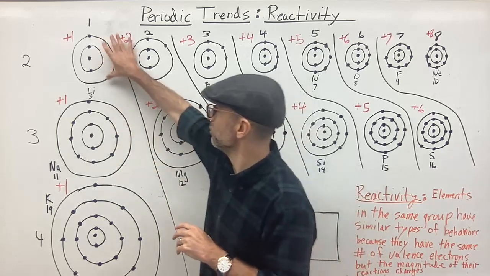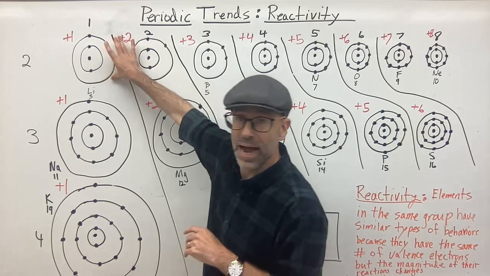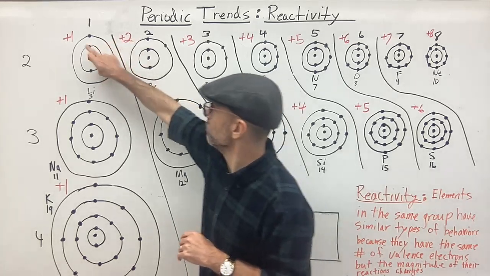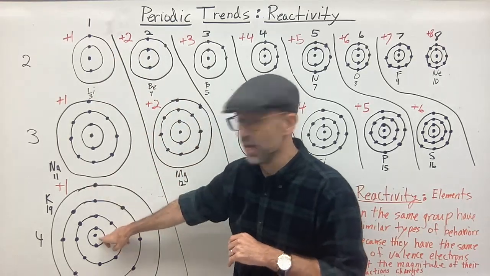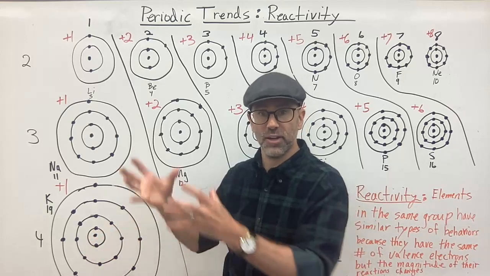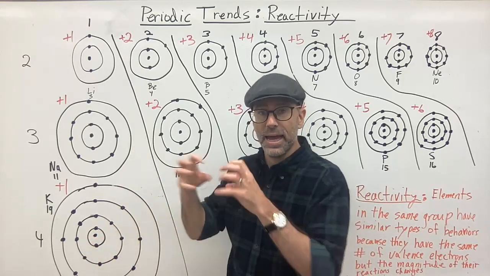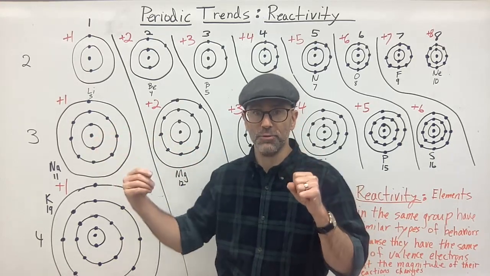As we said before, going down a group, we're adding an energy level. So the valence electron is getting farther away from the positively charged nucleus, and it's the positively charged nucleus that's attracting the electron. And as we said, the farther the distance, the weaker the attractive force.